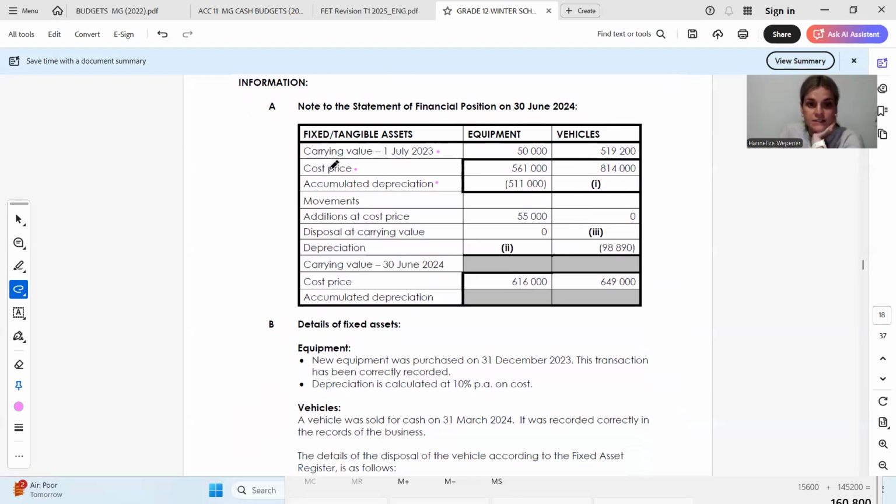Then your cost price plus your additions at cost, so additional assets purchased during the year, minus the disposal at cost is equal to your cost price at year end. Your accumulated depreciation on the first day plus your depreciation movement for the year minus the accumulated depreciation on your disposal is equal to your accumulated depreciation at year end. Then cost at year end minus accumulated depreciation at year end is equal to carrying value at year end.